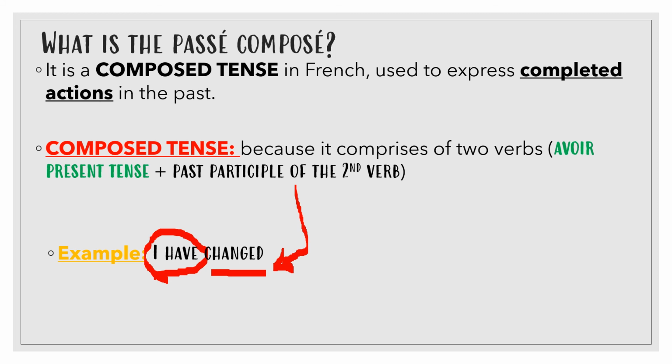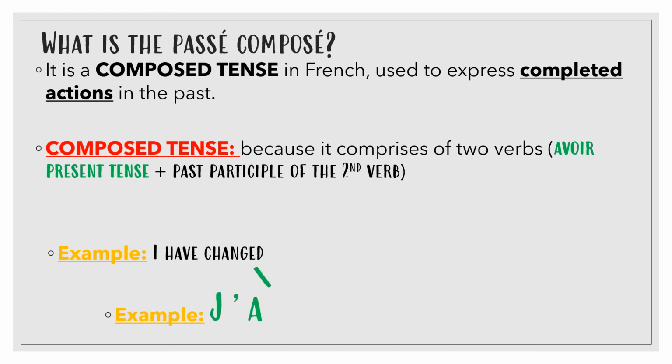Now let's see what that looks like in French. So you'd say, for the present tense of avoir, you'd say j'ai.